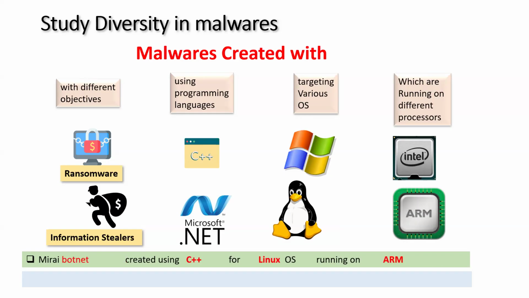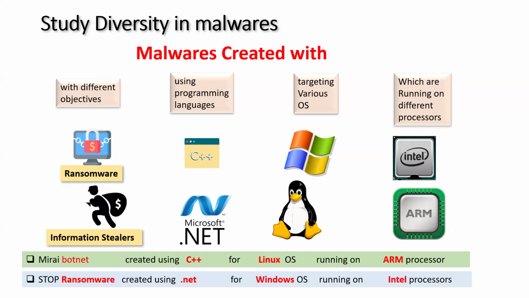So you can say a Mirai botnet is a malware created using C++ for Linux operating system running on ARM processor. Similarly, Stop ransomware is created using .NET for Windows OS running on Intel processor. So if you want to analyze malwares today, you should have fair understanding of various technologies like the languages used to create malwares, the operating system which are targeted by malwares, and the architectures on which the operating systems are running like Intel or ARM.